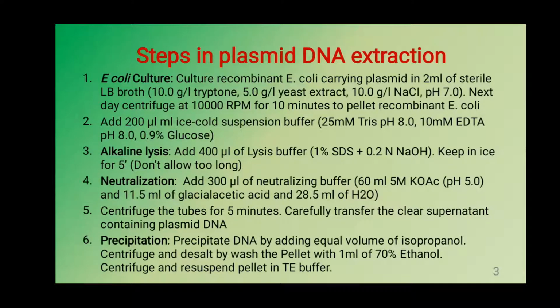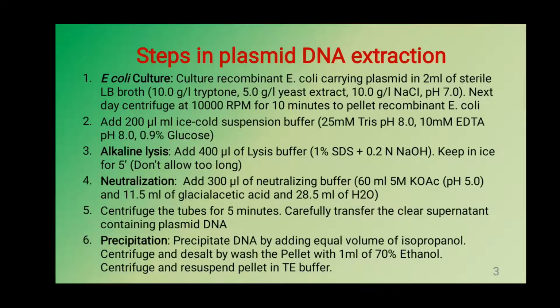The next step is the alkaline lysis method. Here we add an alkali such as sodium hydroxide at 0.2 normal and a detergent such as sodium dodecyl sulfate, and this lysis causes mild penetration of the plasma membrane. We should not keep it for a long period of time; generally it is kept for 5 minutes.